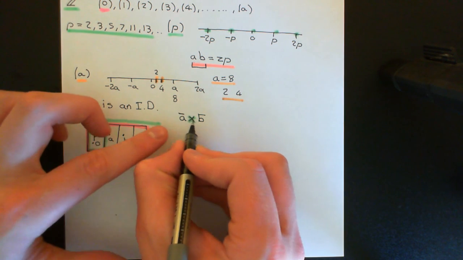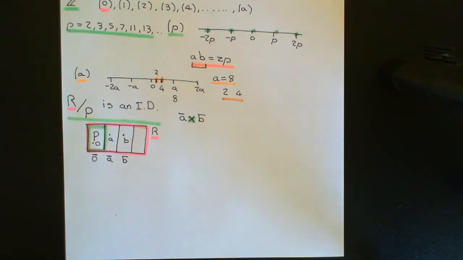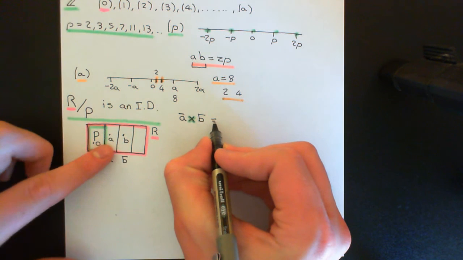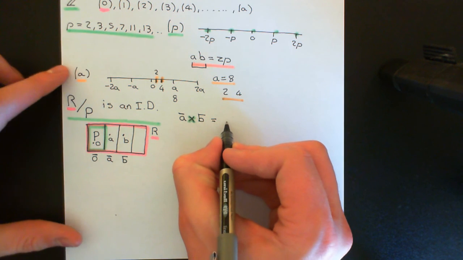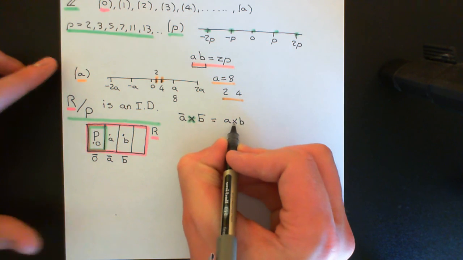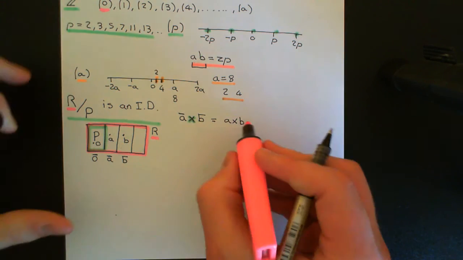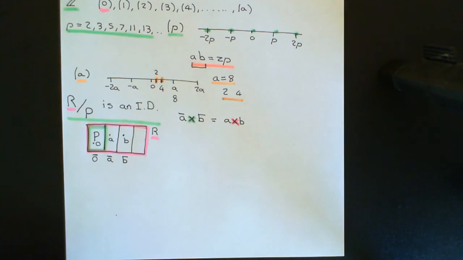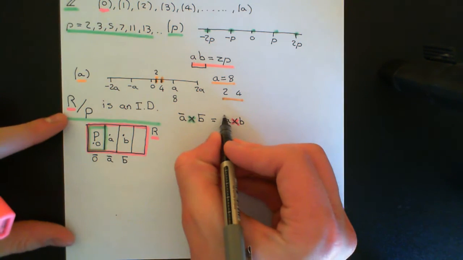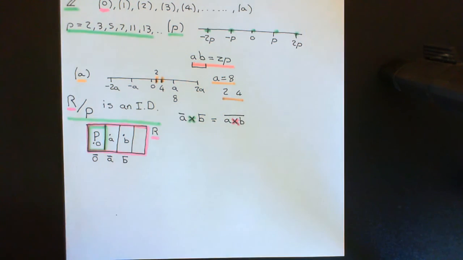We might as well take A and B. Of course, we've proven in the video on quotient rings that this is well defined, so it doesn't matter which representative you take. But since we've only come up with the representative A and B here, we might as well just take those. And we multiply them together in the initial commutative ring, so I'll colour that multiplication in pink here because it's in the initial ring, capital R here, and then we just take the coset that contains that.